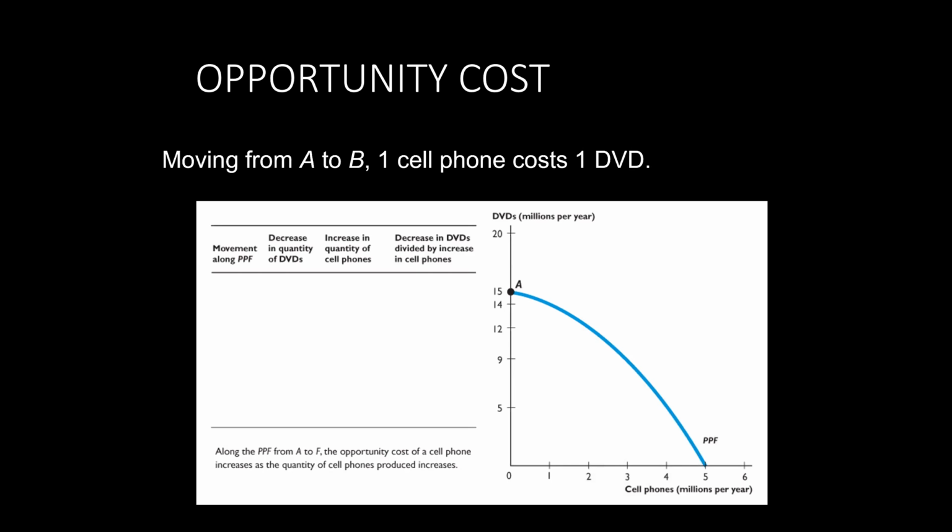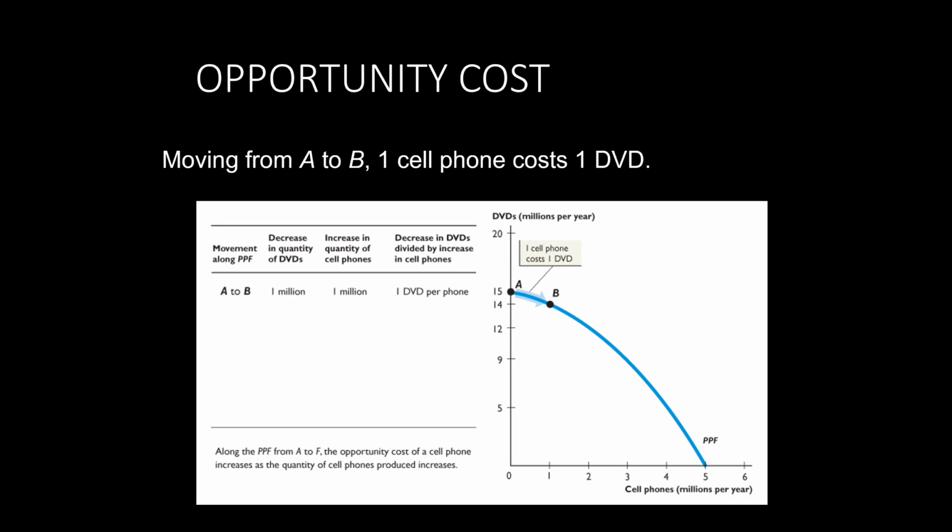We are producing 15 million DVDs with no cell phones. Cell phone production is zero, whereas all the resources are being used for the production of DVDs, which is 15 million DVDs per year. So now if we move along the production possibility frontier from point A to point B, we get 1 million additional cell phones, but on the y-axis we have to forego almost 1 million DVDs.